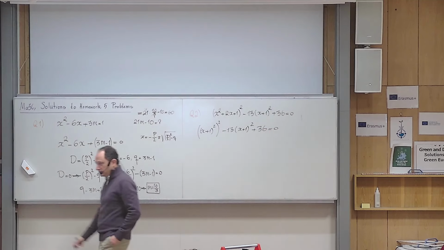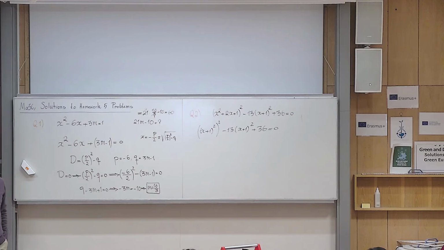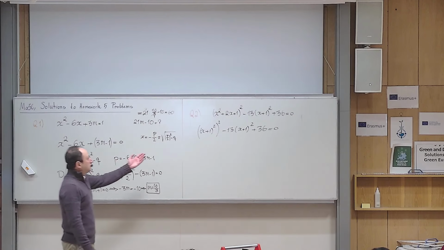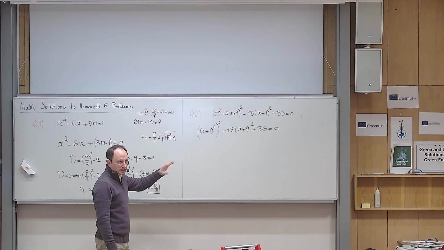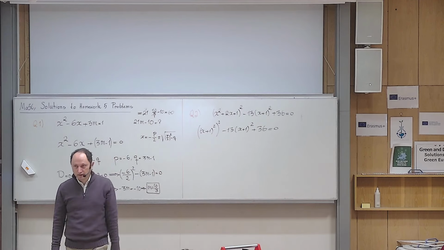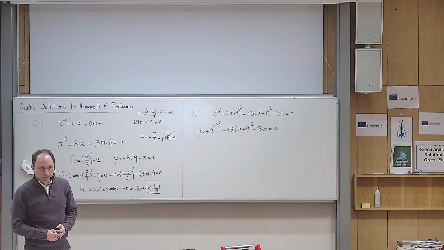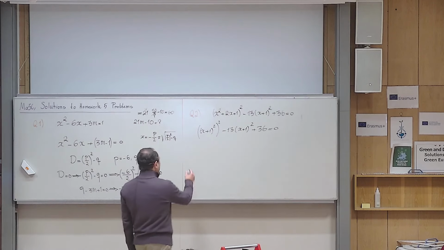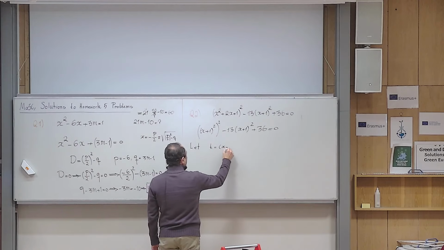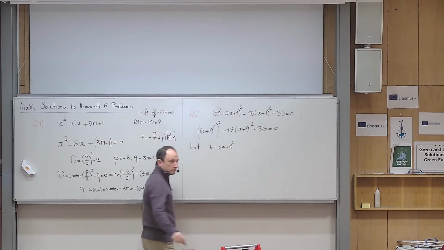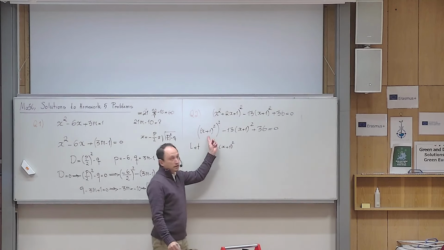Now I think the idea becomes clear. One part of the equation is repeating itself. Whenever this happens, the idea of having an auxiliary variable is useful. I would say, for example, let t be equal to (x plus 1) squared, because this appears here and there.